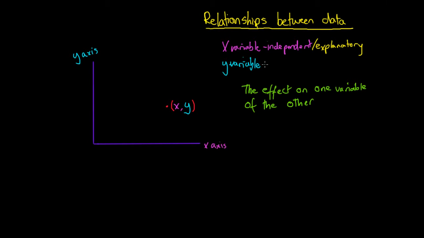And the y variable is sometimes called our dependent variable. Sorry about the spelling here, guys. Dependent variable, and our response variable. So either the x will be our independent or our explanatory variable, and our y will be our dependent or our response variable.